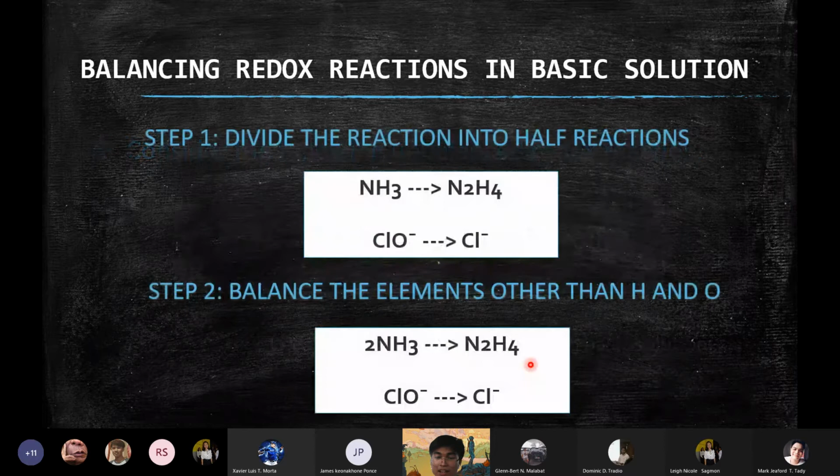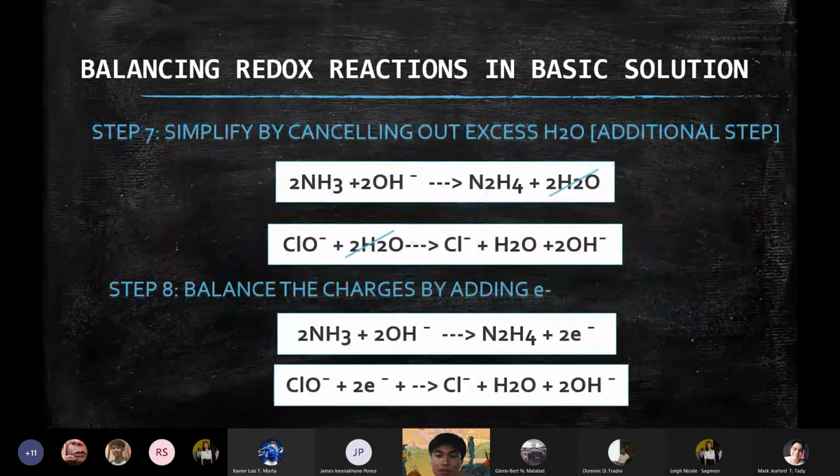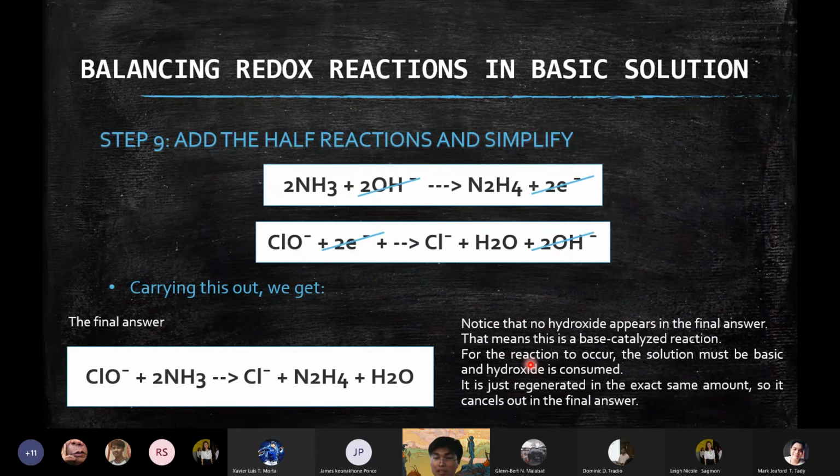The reason why we need to neutralize the H plus earlier is because a basic solution must have a base catalyzed reaction. There should not be any H plus because that only happens in acidic solution.